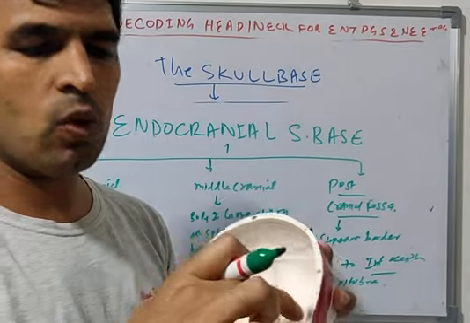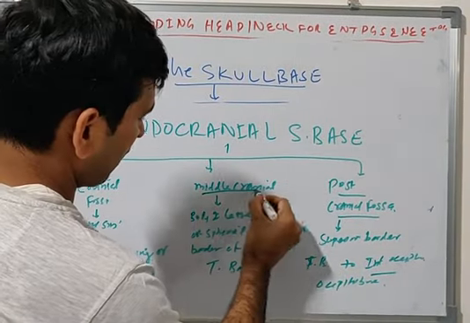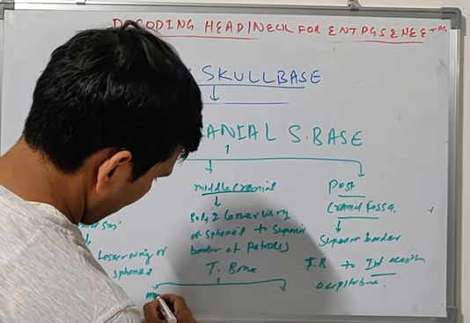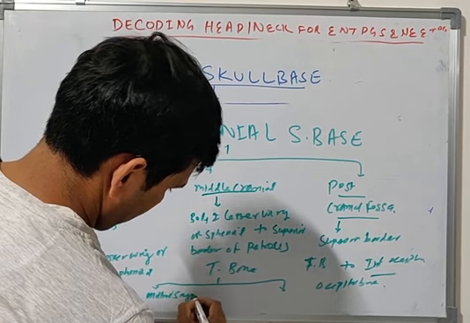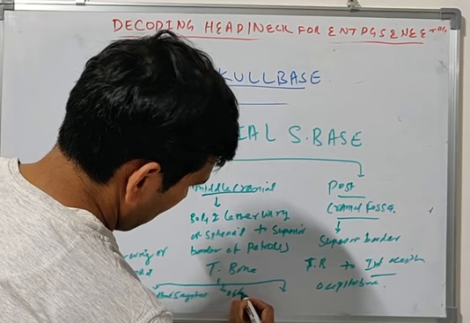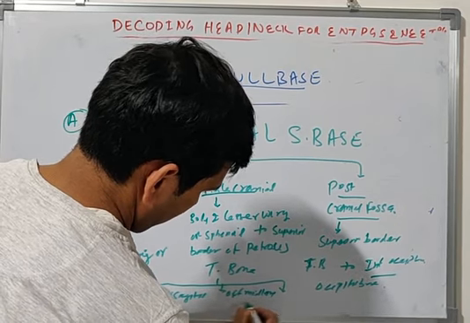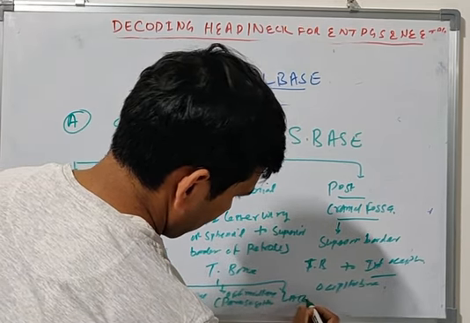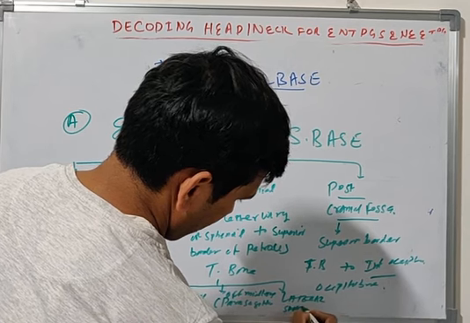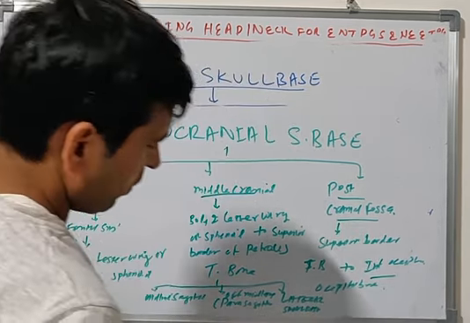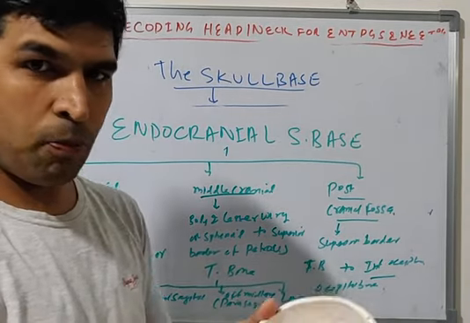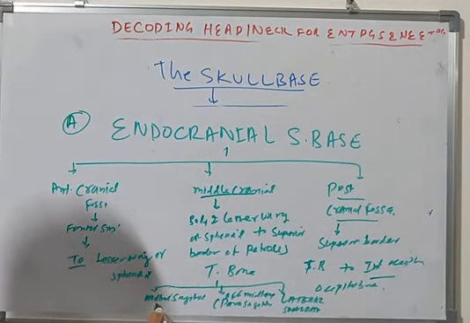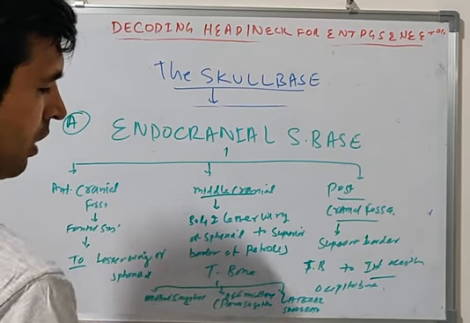Now, surgically or morphologically, you can divide the middle cranial fossa again into three parts: midline sagittal, off midline or parasagittal, and lateral skull base.